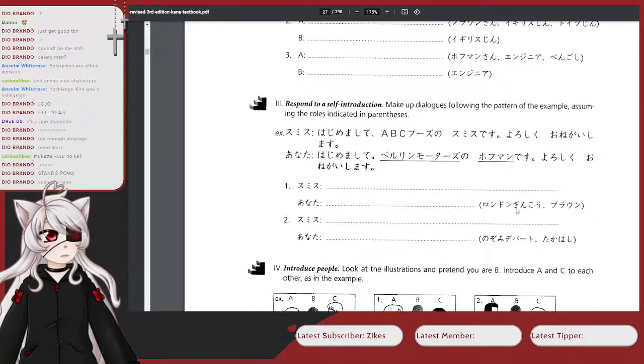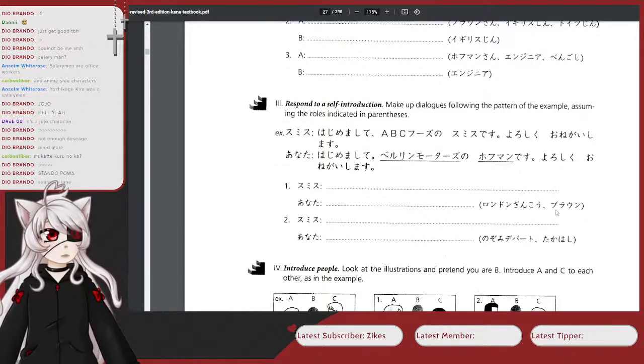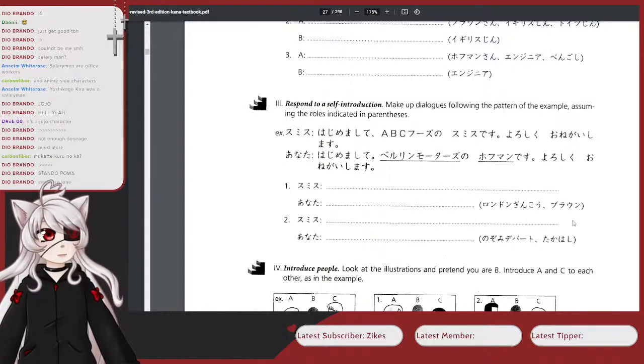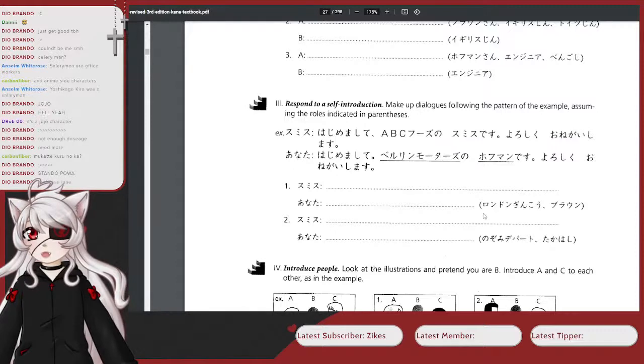London Ginko, London Bank no Brown desu. Yoroshiku onegai shimasu. So Brown-san is saying that she is from London banks, the banks of London.